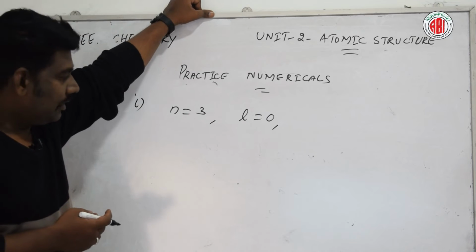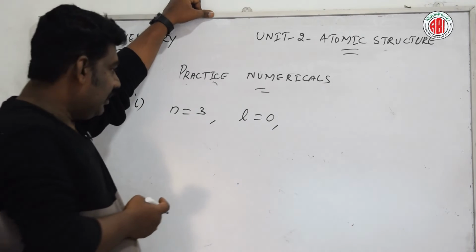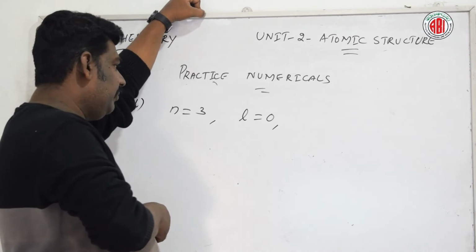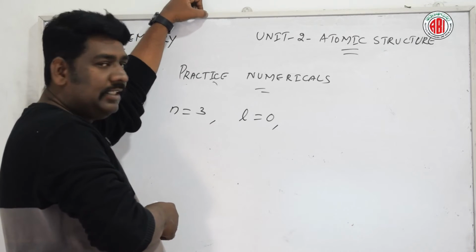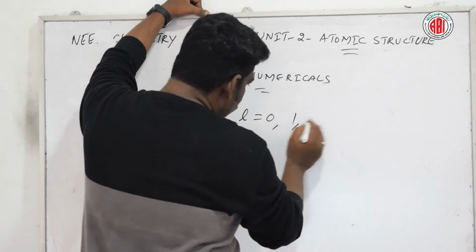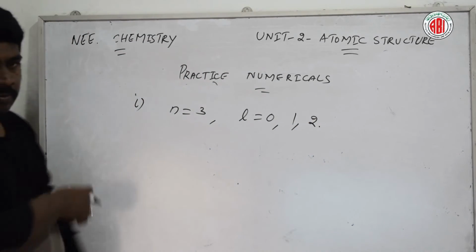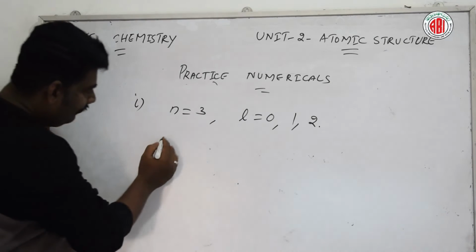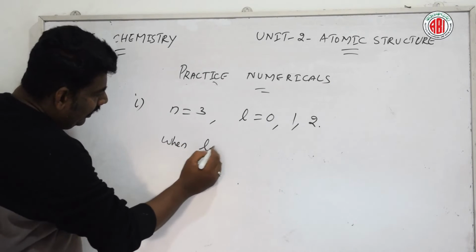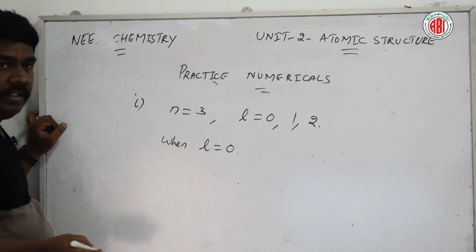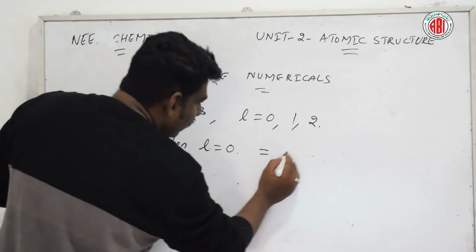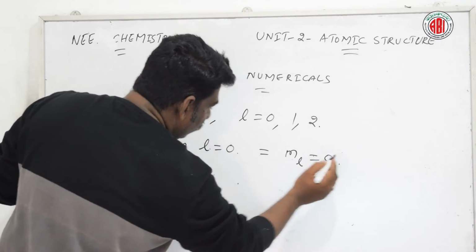So for n equal to 3, L is equal to 0, 1, 2. That is the value for L. Now when L is equal to 0, the ml value is equal to 0.